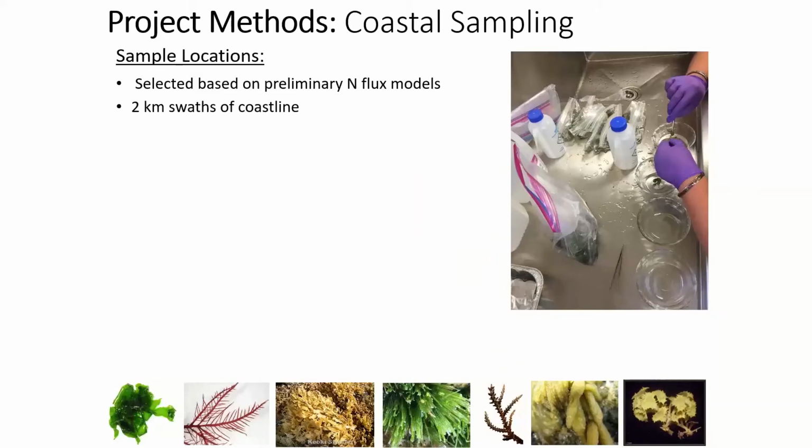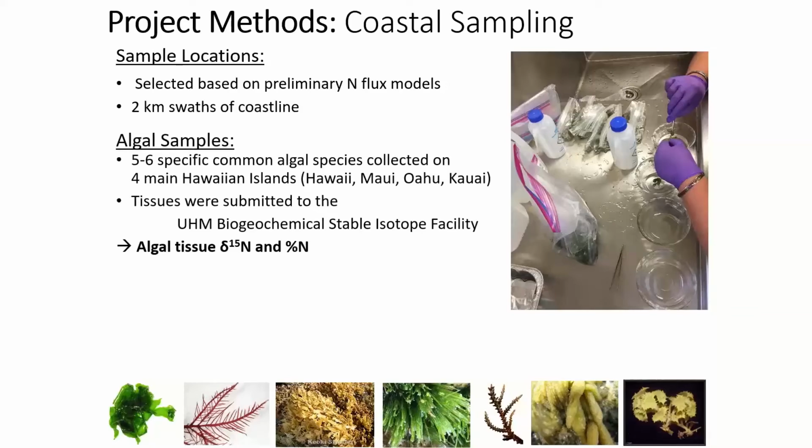For coastal sampling, we selected sites based on our preliminary nitrogen flux models. We chose 2 kilometer swaths of coastline to do high resolution sampling for algae and water. We collected between 5 and 6 algal species, shown at the bottom of the slide, on the 4 main Hawaiian islands.